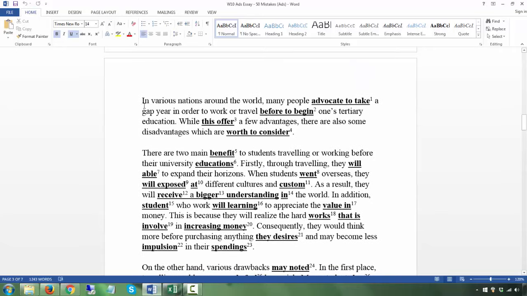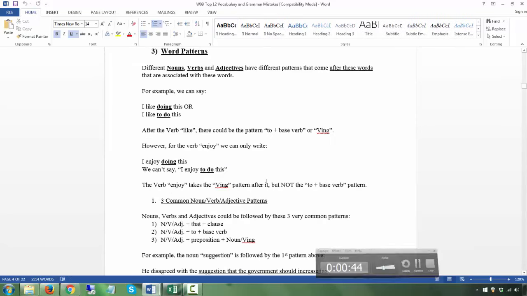In various nations around the world, many people advocate to take. So the mistake here is the word pattern. Here you're using the verb advocate, and one of the patterns for, if you go back, let's go back to the top 12 vocabulary and grammar mistakes worksheet.